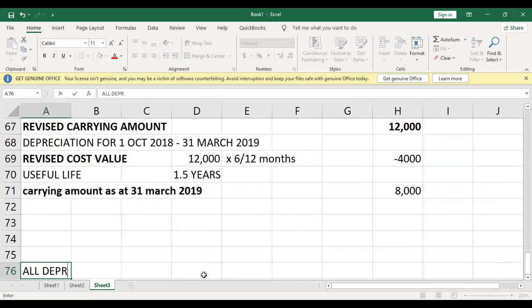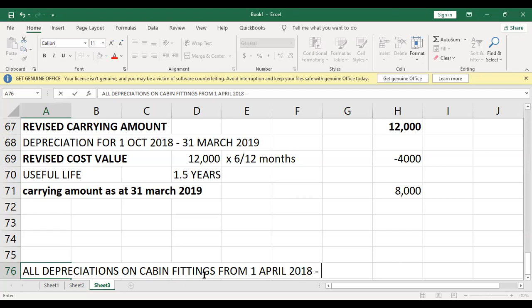That's for the year, from 1st April 2018 to 31st March 2019.